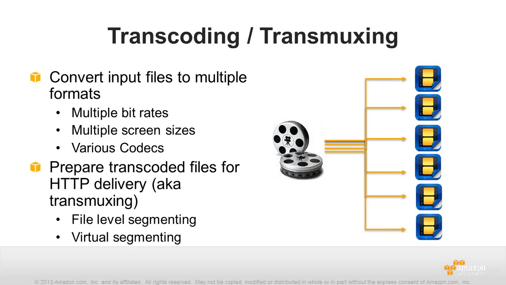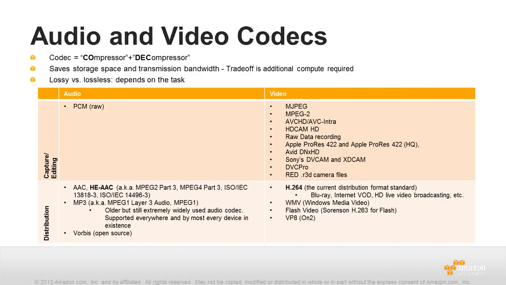Virtual segmenting, on the other hand, is helpful for long tail content just because of the sheer number of permutations that you would need to do for content that's long tail and requested less frequently, but there's a large source collection of content. So there are some considerations there in terms of preparing your files and doing file-level segmenting versus virtual segmenting, and we'll talk about how you can do both of those with AWS.